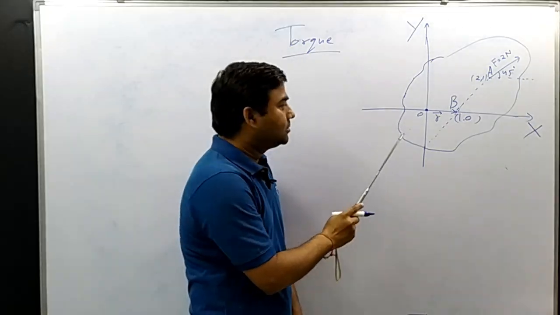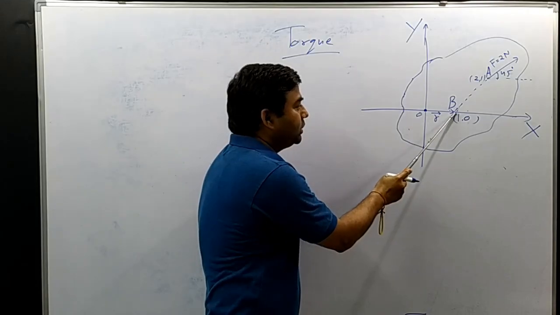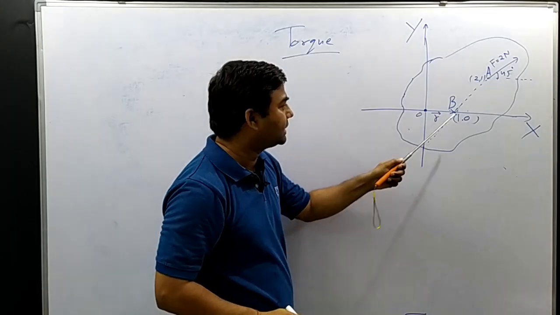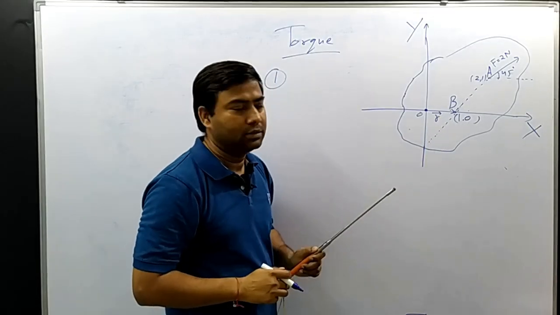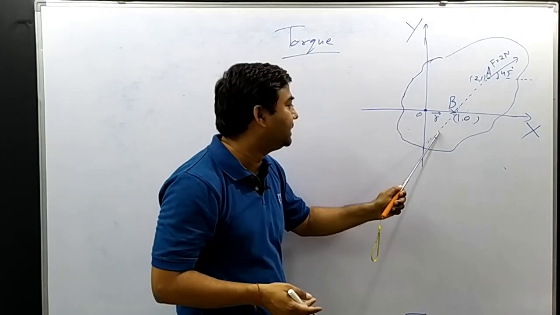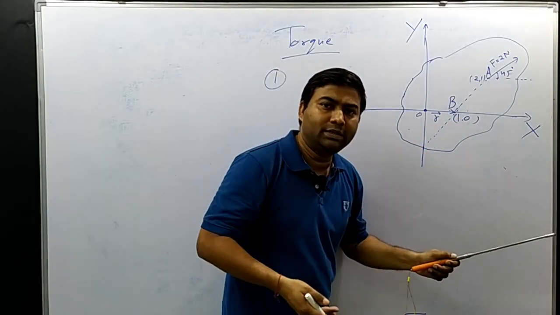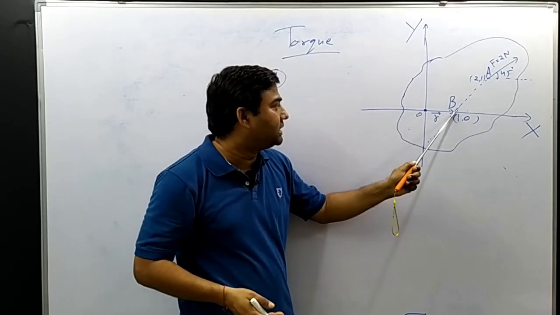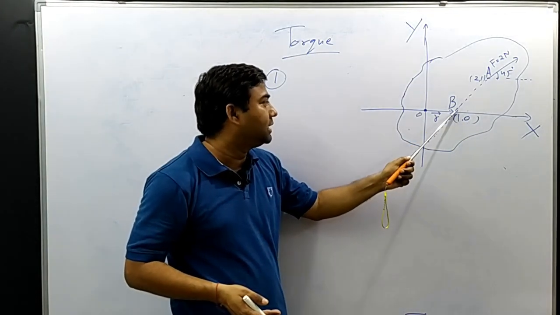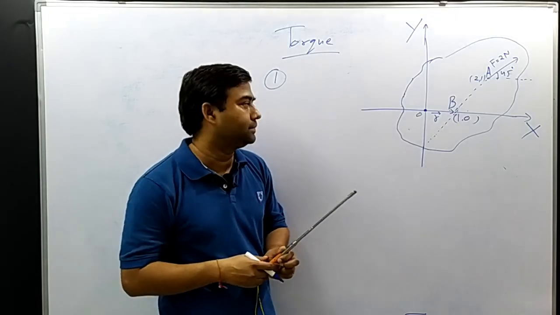To find the torque of this force about point O, we have taken an arbitrary point B on the line of action of the force. So this is point B. For simplicity, we have taken it here. We can take it here or here or anywhere, but that will be quite complex. So we have taken the point that is the intersection of the x-axis and the line of action of the force.